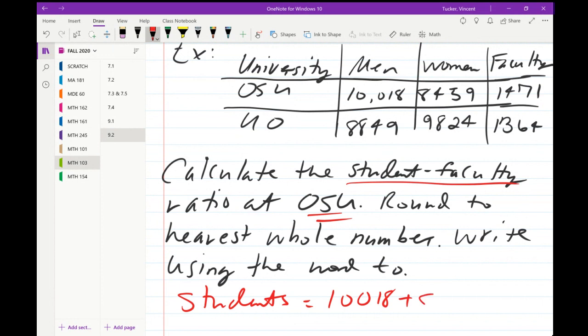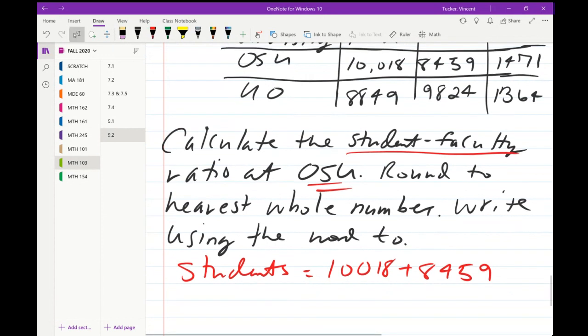So it means we need to add the men and the women. So that's 18,477.